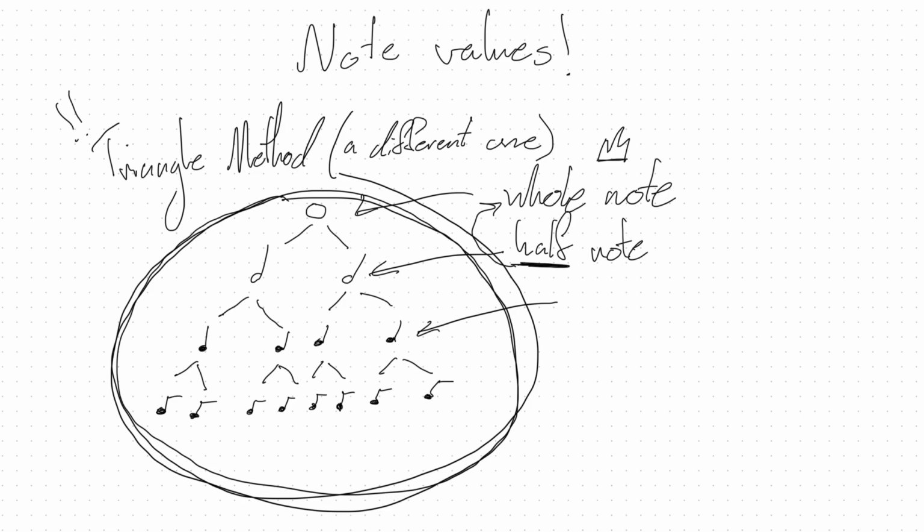Quarter notes are a quarter of a whole note. Now you see how everything relates to the whole note? And lastly, we have eighth notes, and eighth notes are an eighth of a whole note. So everything correlates with each other.